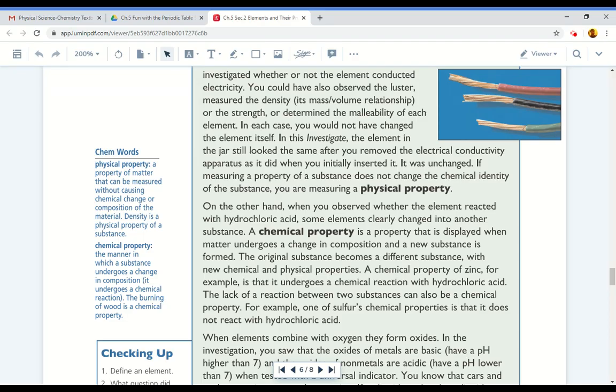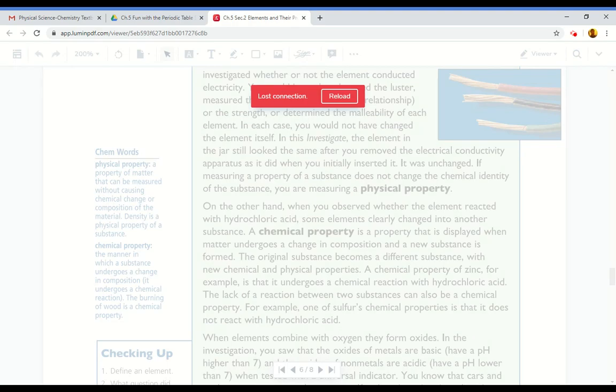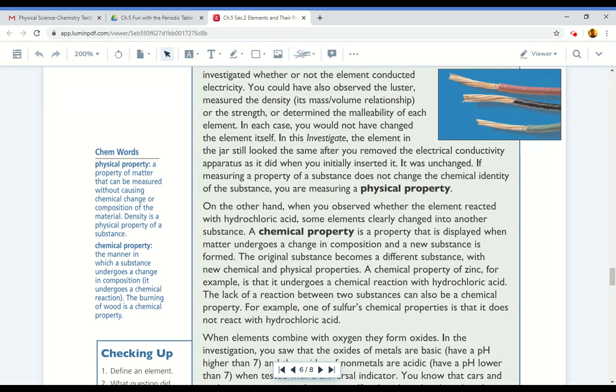In each case, you would not have changed the element itself. In this investigation, the element in the jar still looked the same after you removed the electrical conductivity apparatus as it did when you initially inserted it. It was unchanged. If measuring a property of a substance does not change the chemical identity of the substance, you are measuring a physical property.